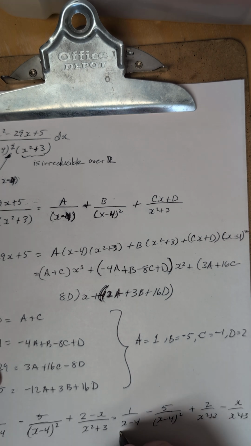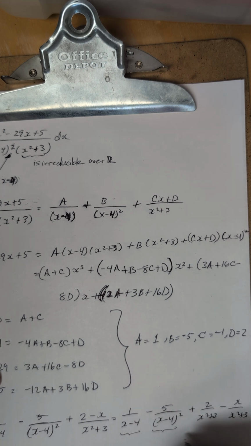Okay, so this and this and this, these are all u subs. So here you're just going to let u equal x minus 4.